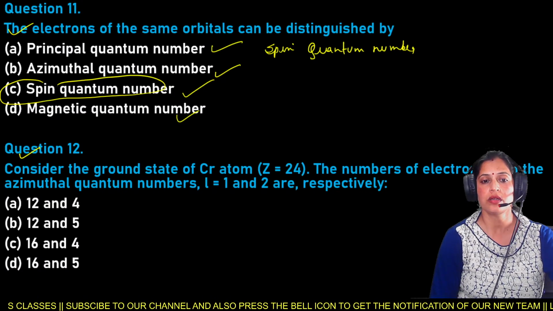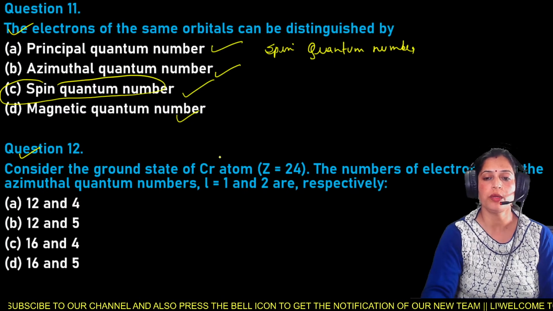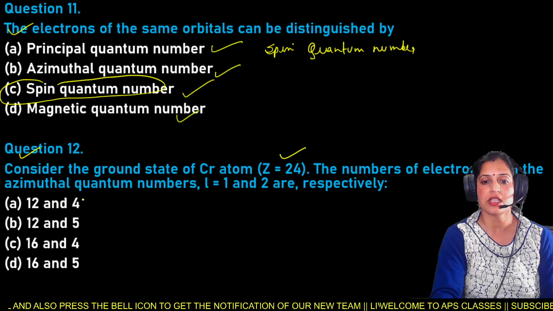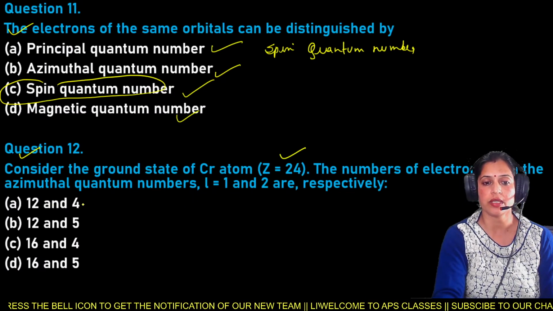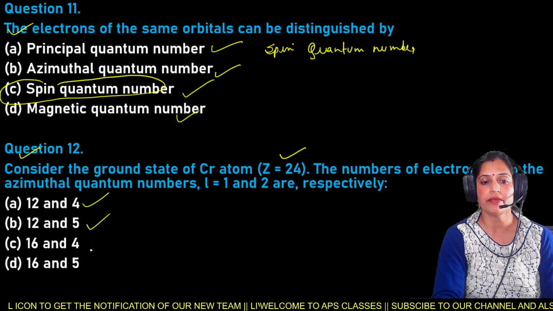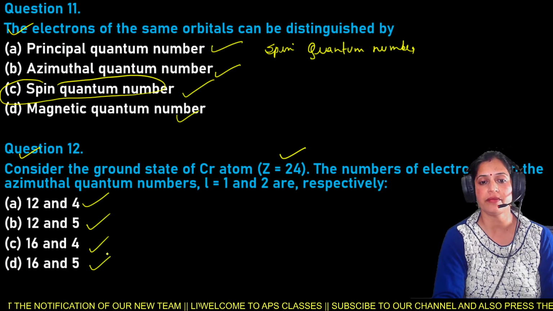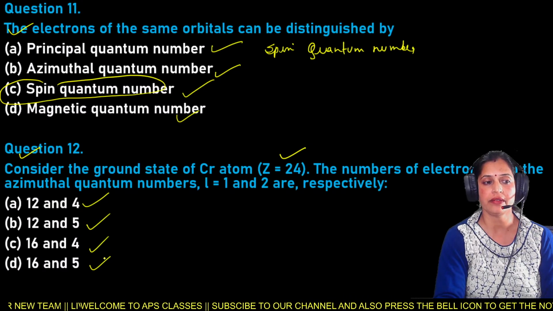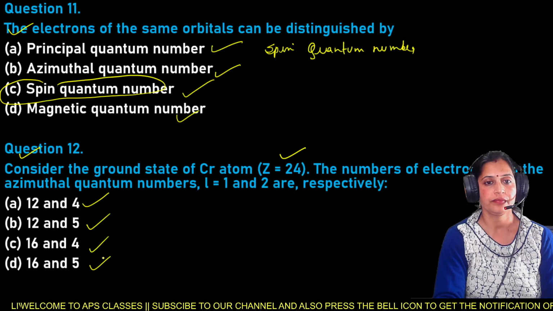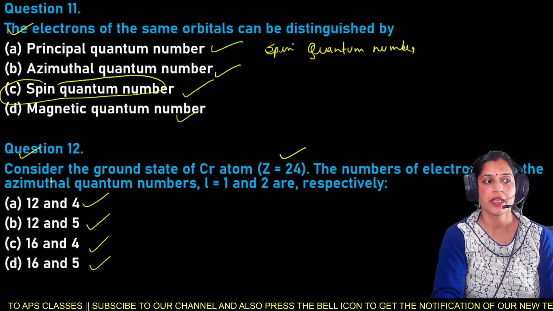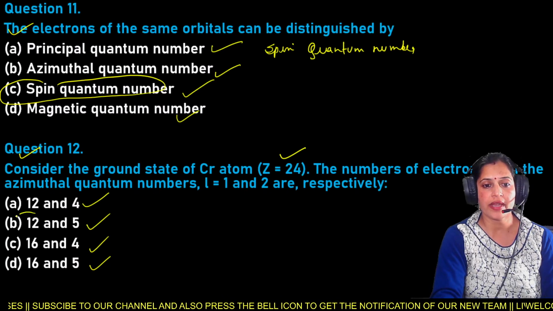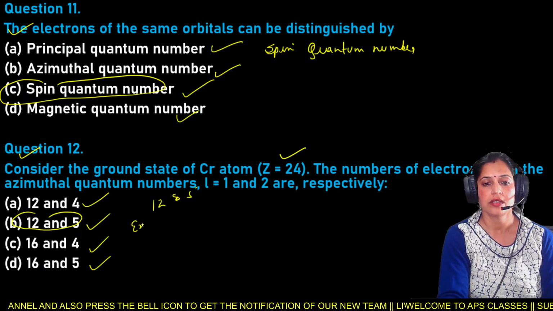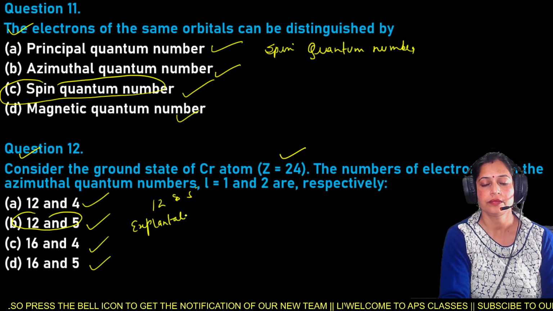Options are 12 and 4, 12 and 5, 16 and 4, and 16 and 5. So the answer is 12 and 5.